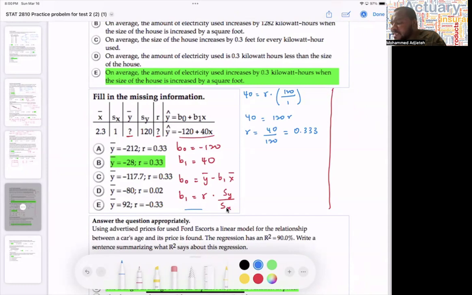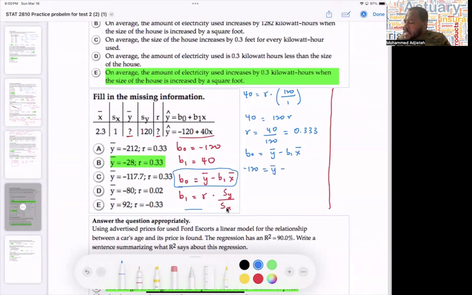Okay, the next thing we want is y bar. To find y bar, we are going to use this formula here. So what is beta naught? Our beta naught is negative 120. Because let's look at the formula. Beta naught equals y bar minus beta 1 x bar. What is our beta naught? Our beta naught is negative 120. y bar, I don't know.